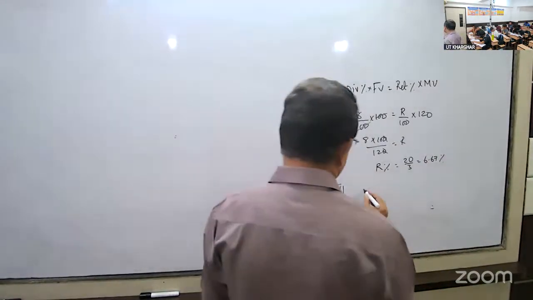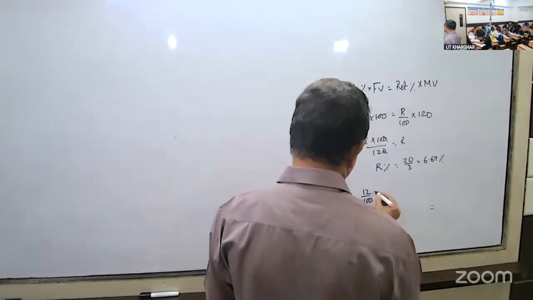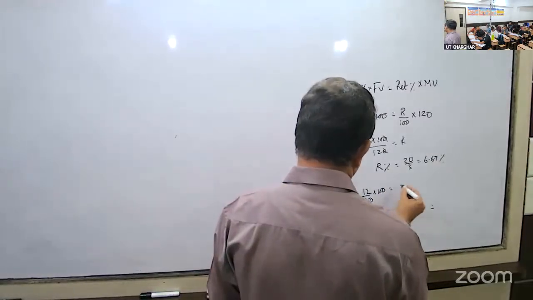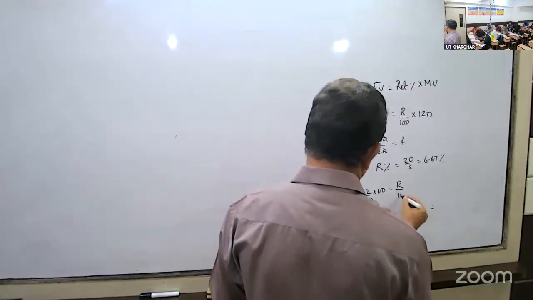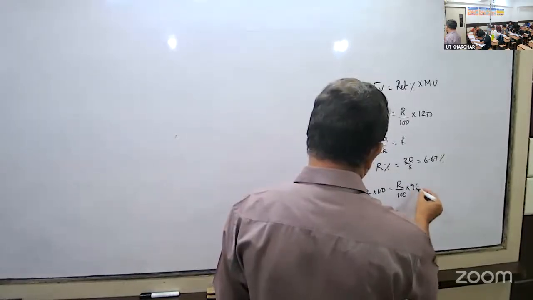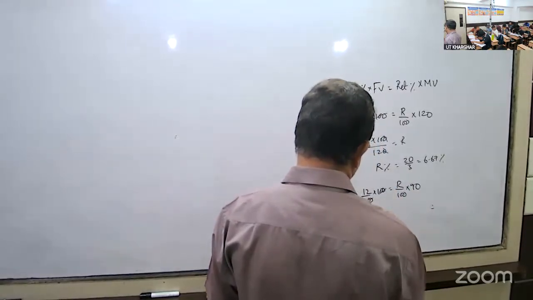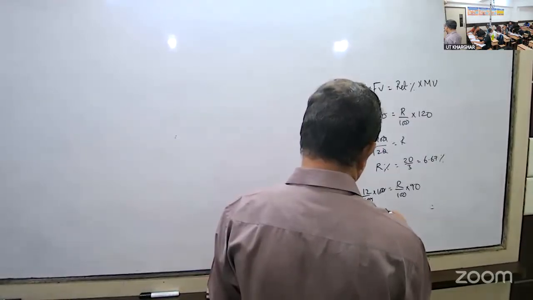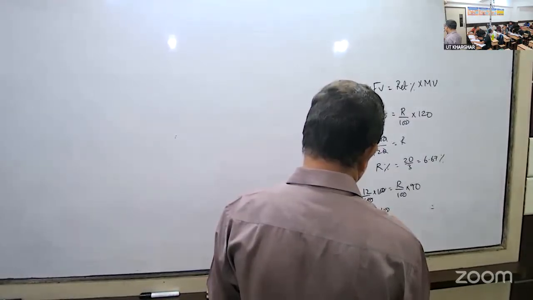Apply the same: 12 by 100 into 100 is equal to R by 100 into 90. So 12 into 100 by 90.